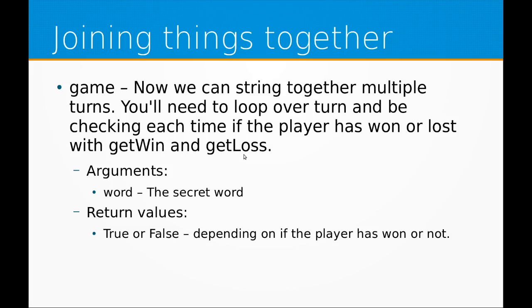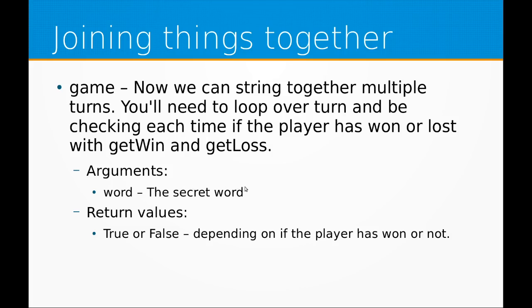Now the only information you need coming into this function is the word. It can create the list of good letters, successful guesses, and the list of unsuccessful guesses. It can create those as empty, because when you start a game, you've made no guesses, correct or incorrect.